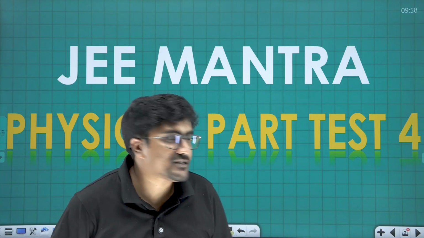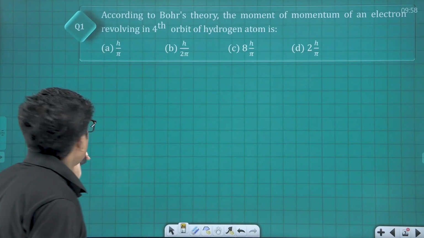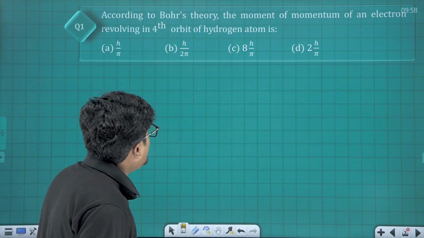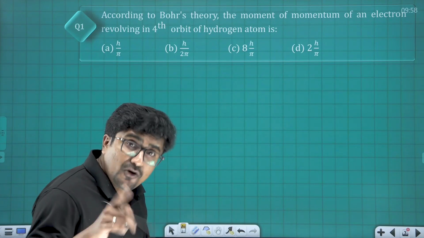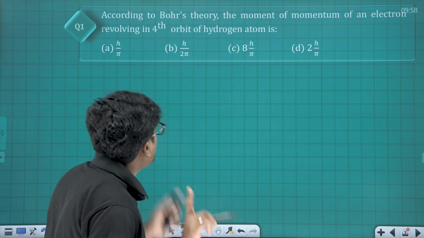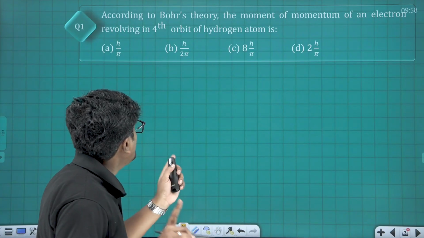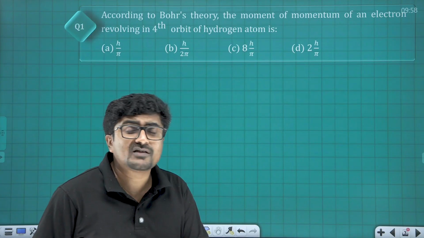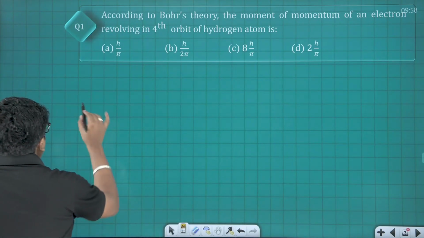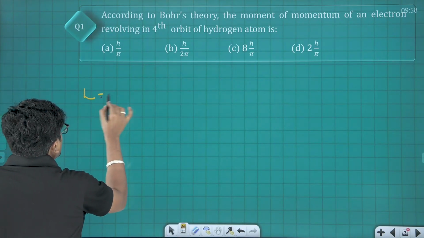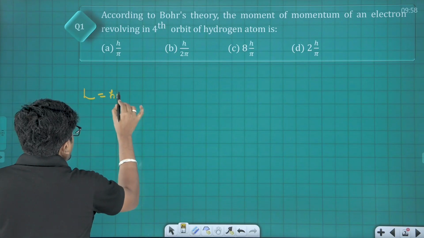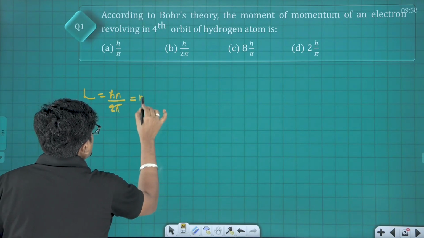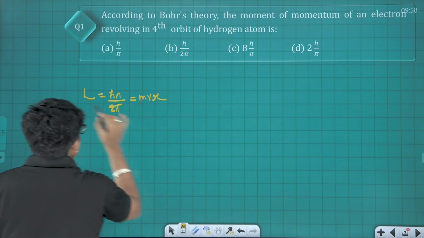So here comes the discussion of subject physics, and question number 1 says, according to Bohr's theory, the moment of momentum of an electron revolving in fourth orbit of hydrogen atom is. Basically, moment of momentum is what? Angular momentum. So I can have L equals n times h upon 2 pi, that is equal to m into v into r.